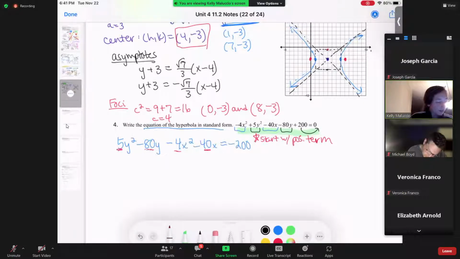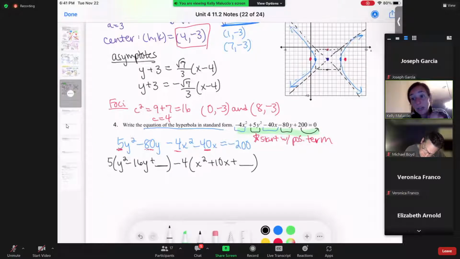So now I'm going to say 5 times y squared minus 16y, and then plus blank, because I'm completing the square again. And now I'm going to take out a negative 4 so that I'm left with x squared plus 10x plus blank. Because when we complete the square, it has to be positive x squared or y squared, but we can just move that negative outside and it's still there, right?